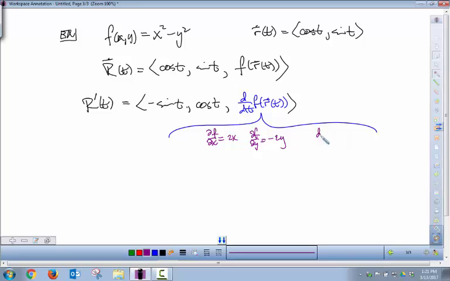We're going to need dx dt, straight d's this time, and we already found that. That's negative sine t. And then dy dt is positive cosine t. So we simply put those together.